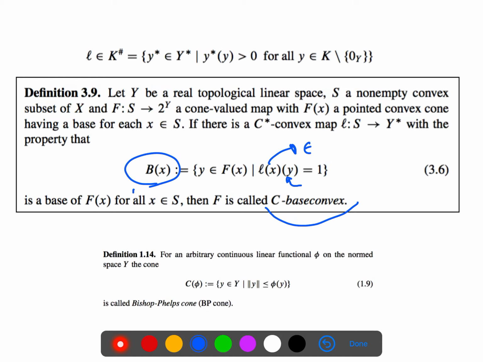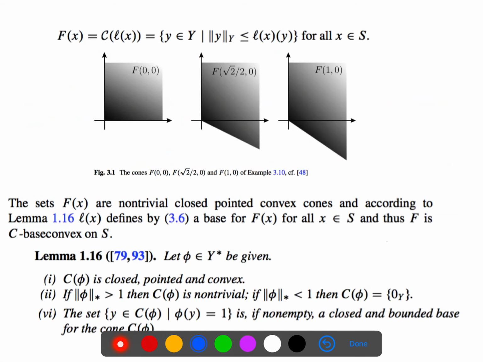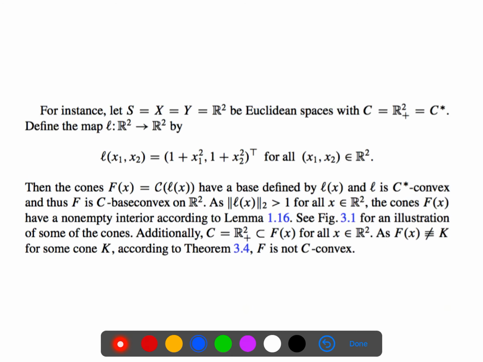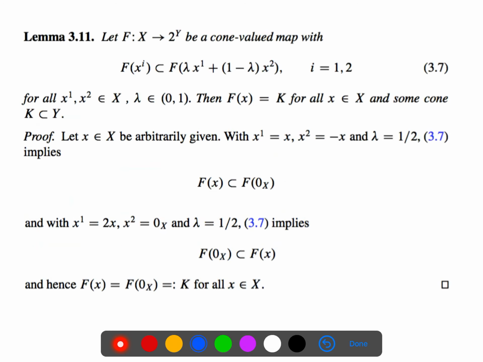You remember that in BP cones, we define the cones like this. And here we have a lemma that says this BP cone, C of phi, is convex. It has some good properties because it is convex, and we can use many useful properties. Another example of L, which we needed to define a cone, is like this.